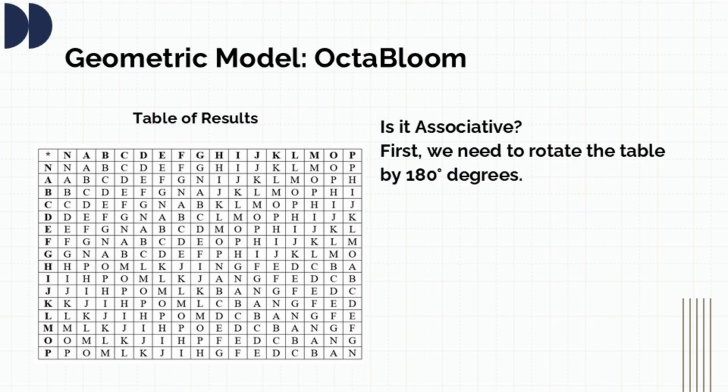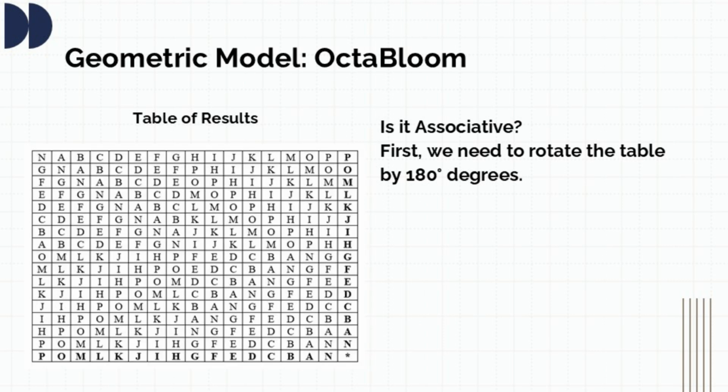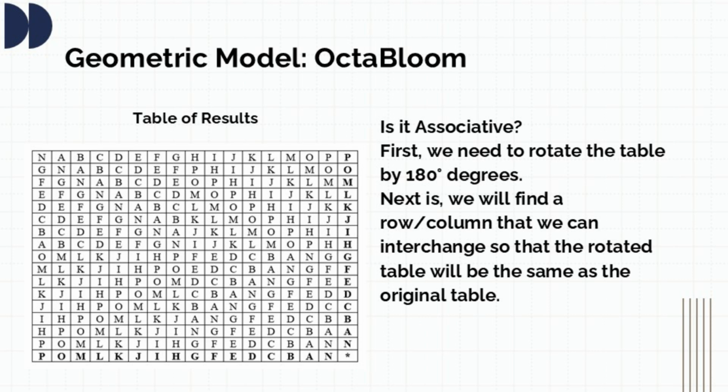So what we need to do first is rotate the table by 180 degrees. So it will look like this. And then next, we will find a row or column that we can interchange so that the rotated table will be the same as the original.